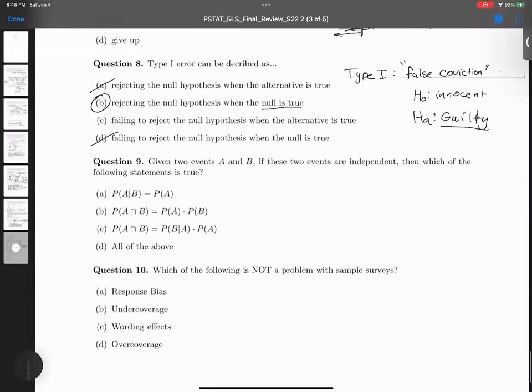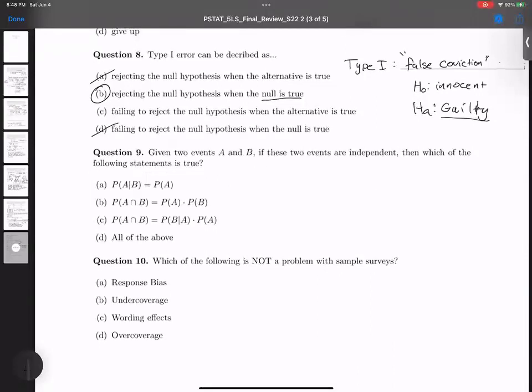Okay. Question 9. Given two events A and B, if these two events are independent, then which of the following statements is true?